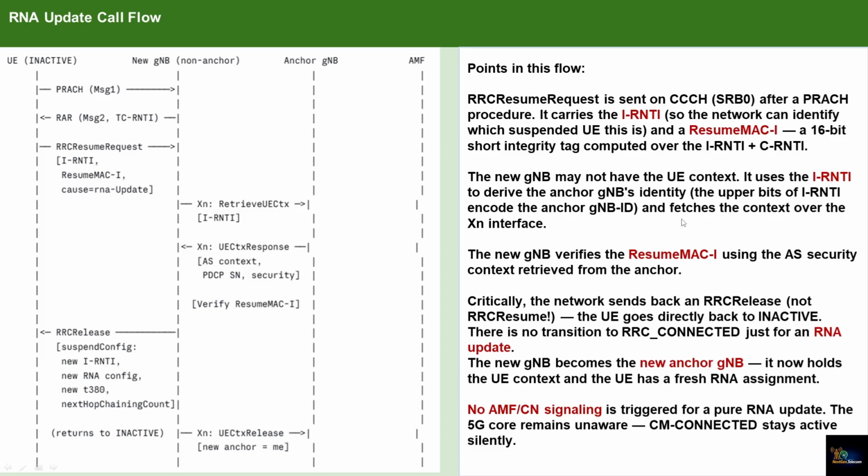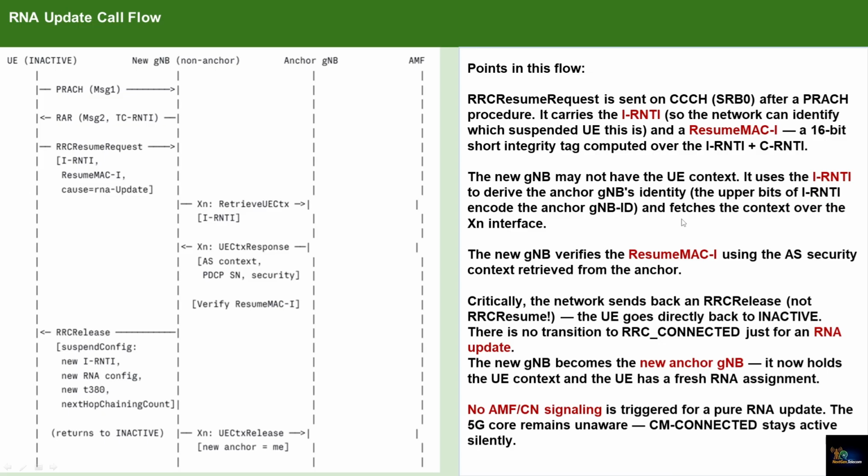The RRC resume request flow is like RRC idle, because whenever we sync in uplink or connect to the uplink, PRACH is sent, the response message is received, and then the RRC request is sent.